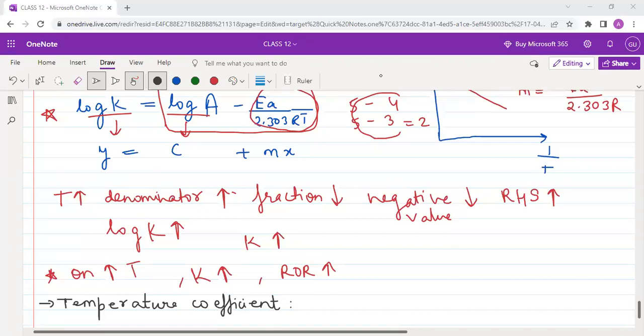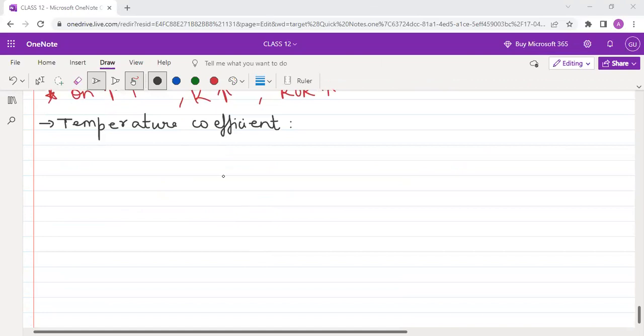Now we have to talk about temperature coefficient. Have you heard this term before? I have forgotten. So temperature coefficient is the ratio of rate constants.